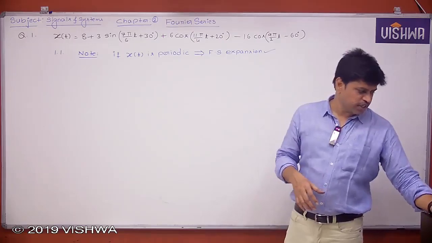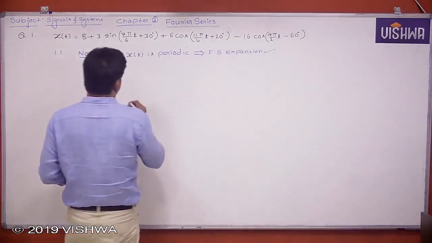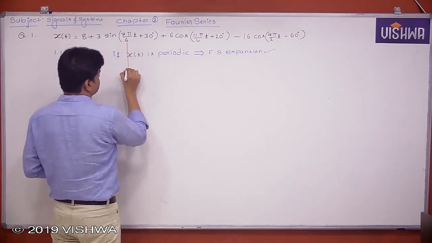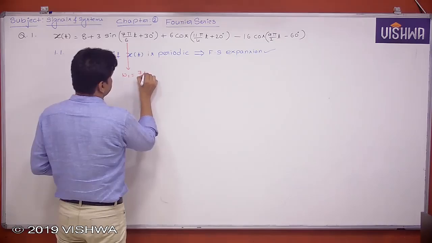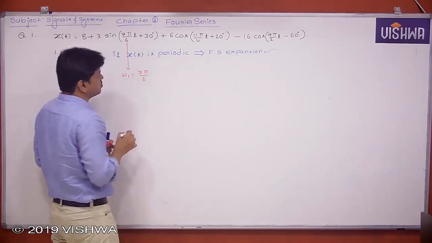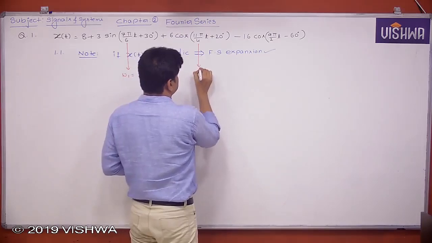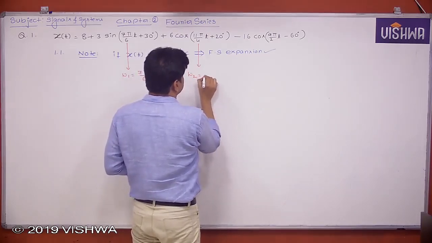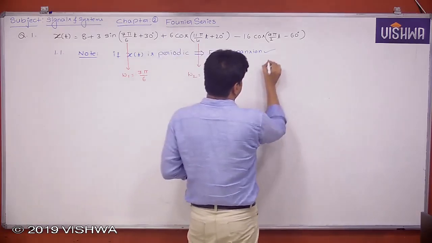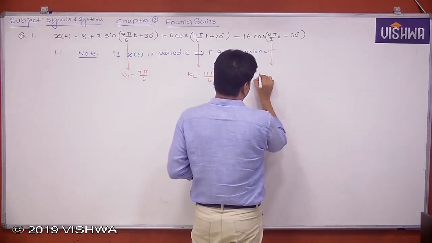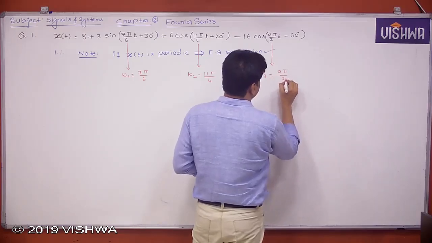So what I am doing here is checking. For the first wave, omega 1 is equal to 7 pi by 6. For the second wave, omega 2 is equal to 11 pi by 4. For the third wave, omega 3 is equal to 9 pi by 2.